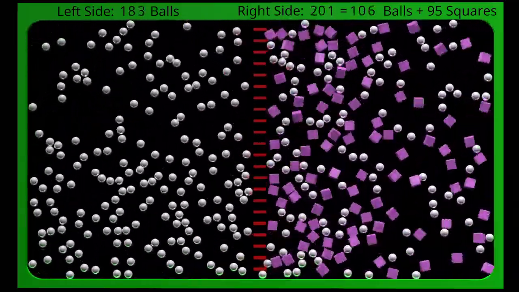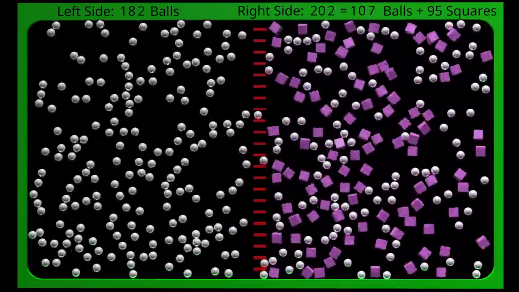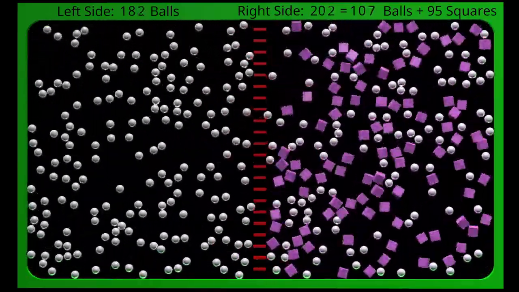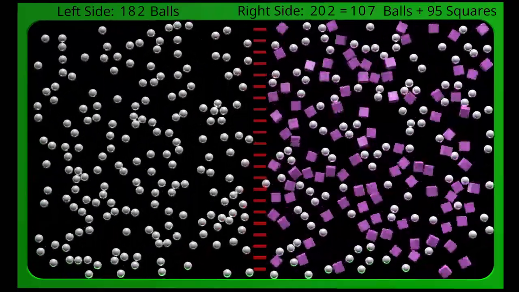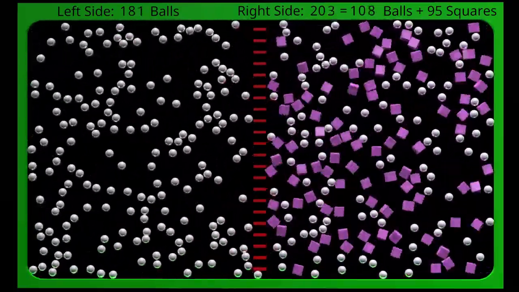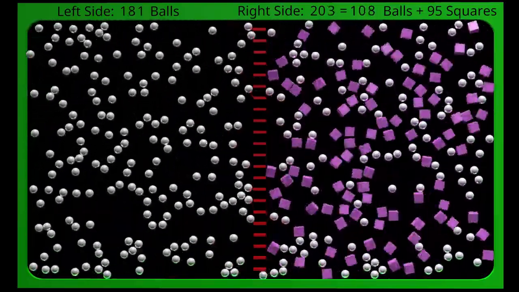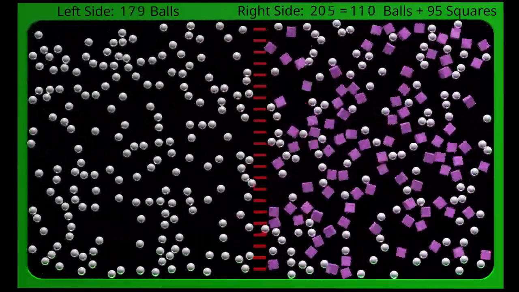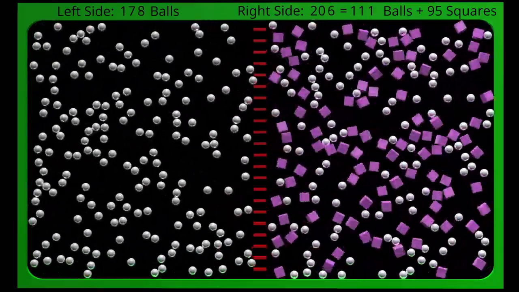As before, the balls are able to pass through the barriers, but the squares are not. As before, all the square particles are stuck on the right side of the barrier, but the balls are able to freely pass back and forth.